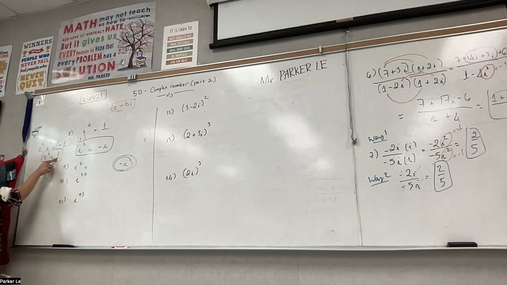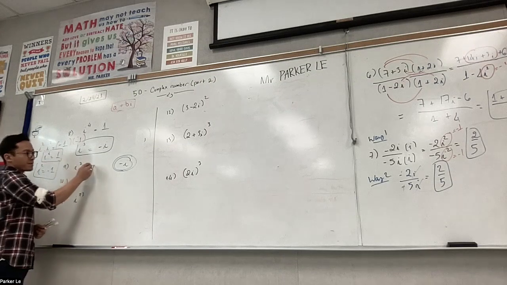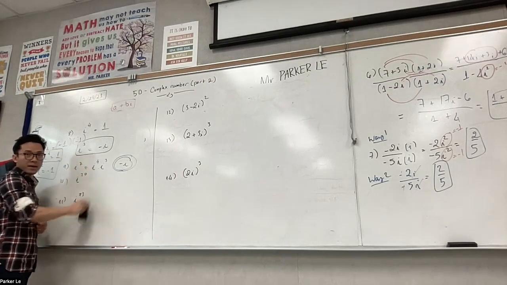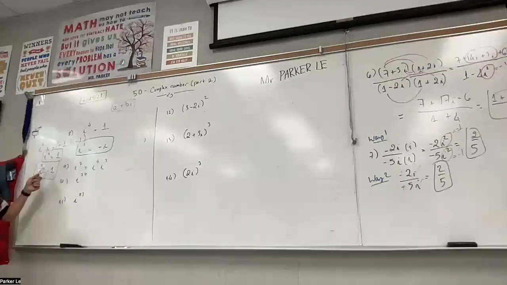We know i to the 4th is 1, we know i cubed is negative i, we know i squared is negative 1, right? So break this one down into something you know. Can I break the number 7 into 4 and 3, right? i to the 4th is my favorite because it is 1, so you can just cancel it.